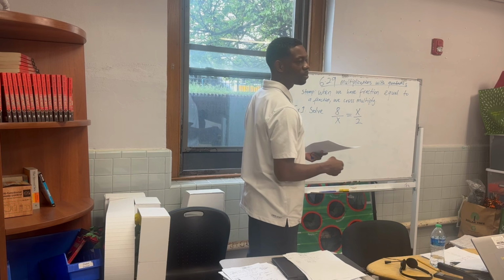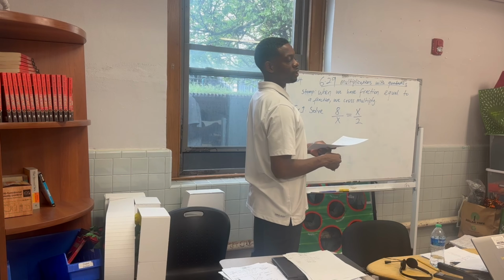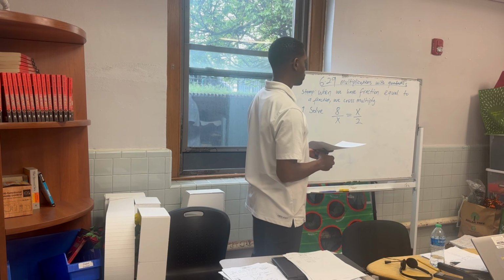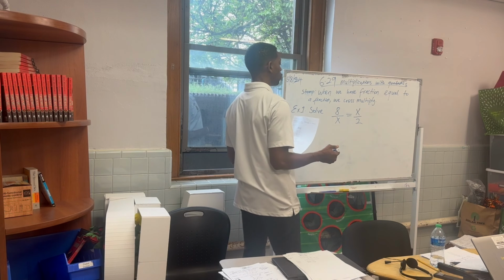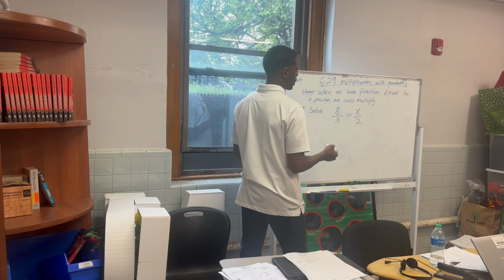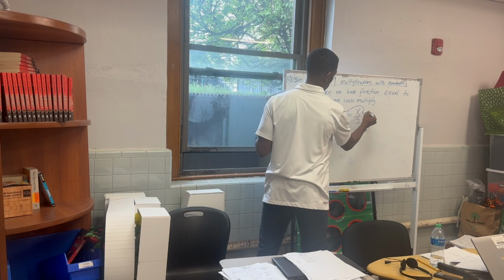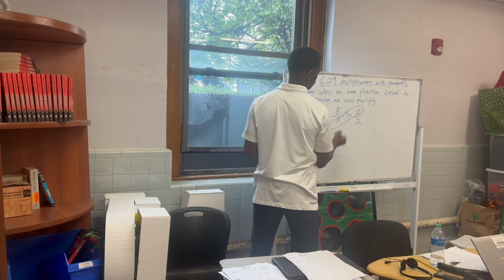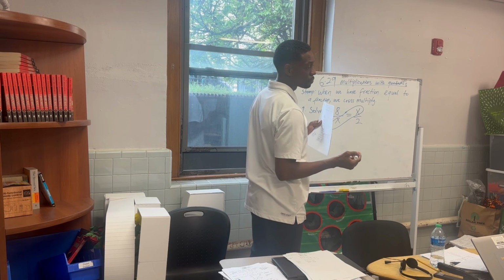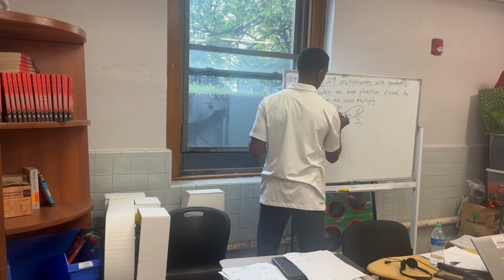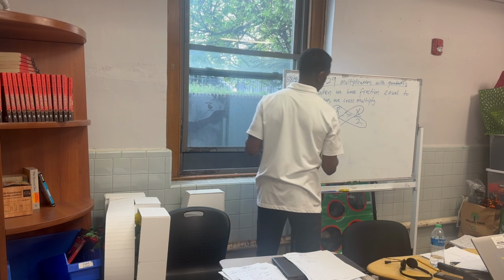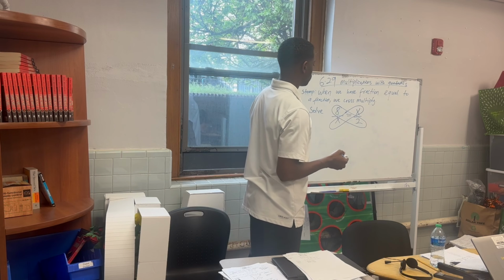Cross multiplication. Some people call it butterfly method. Some people say cross multiplication, just however you remember it, that's what you should go for. So cross multiplying means these two go together like best friends, and these two over here go together as well.